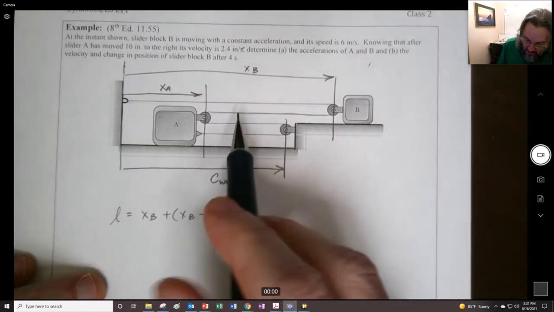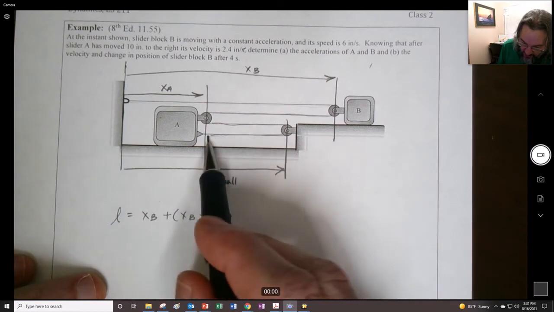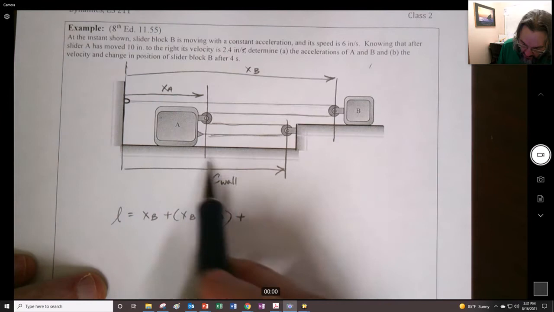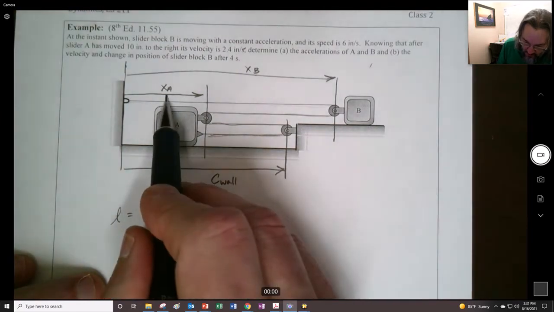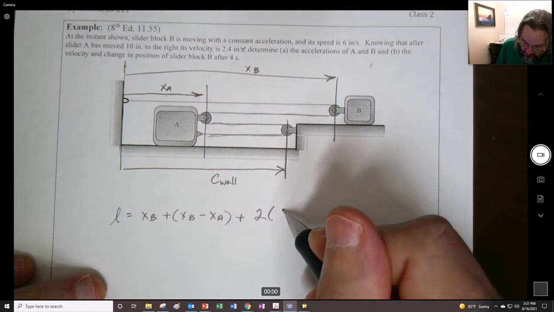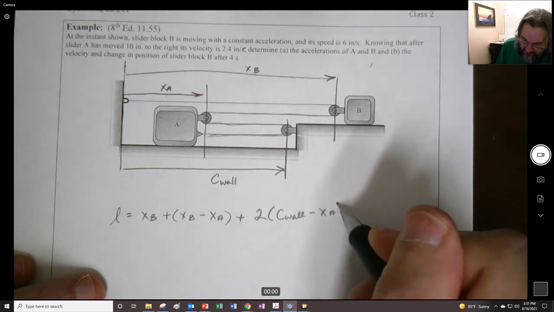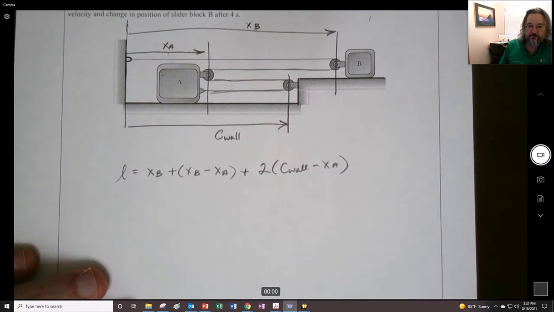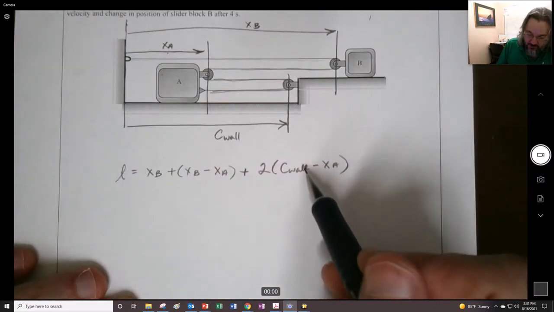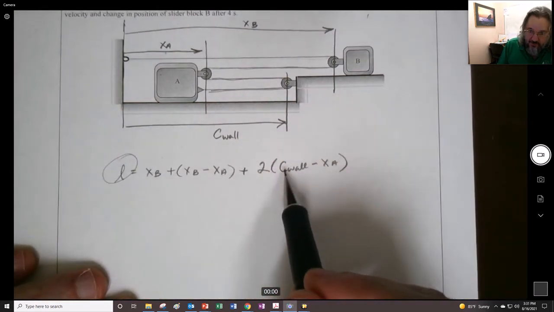Now we have this length and this length, which will be equal to each other, and are going to be C wall minus XA. So 2 times C wall minus XA. Now, before we take the derivative of this, we could lump everything over here into one constant.